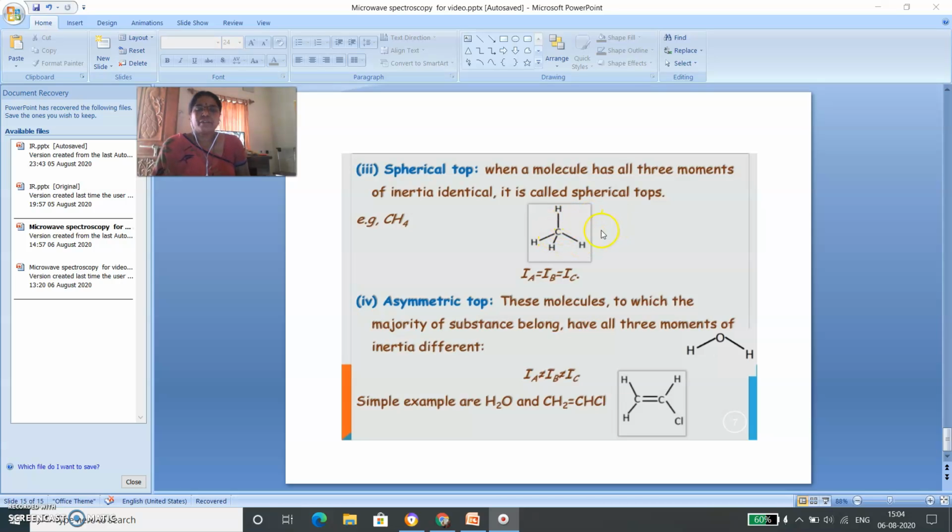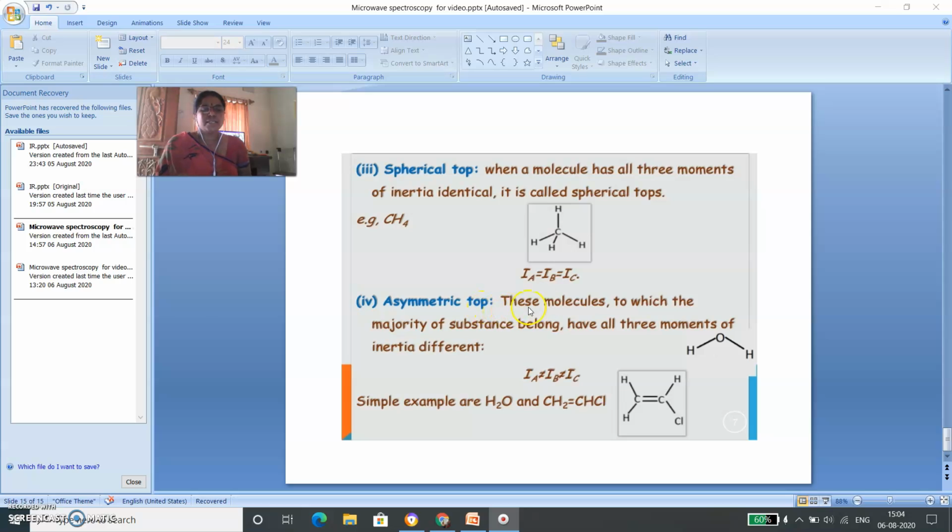It makes no difference at all. Hence here in this case, all are equal. If all are equal, such types of molecules do not exhibit microwave spectra. They are not microwave active, or they will not exhibit rotational spectra.